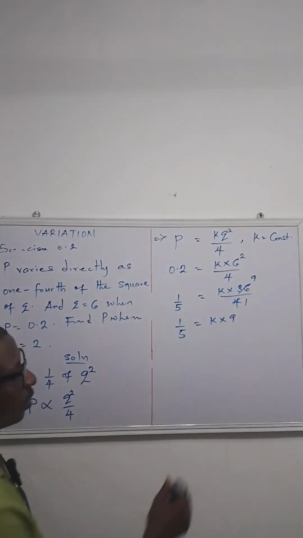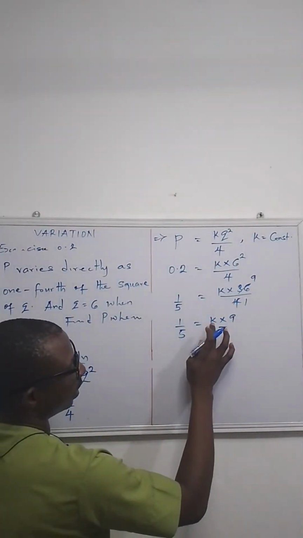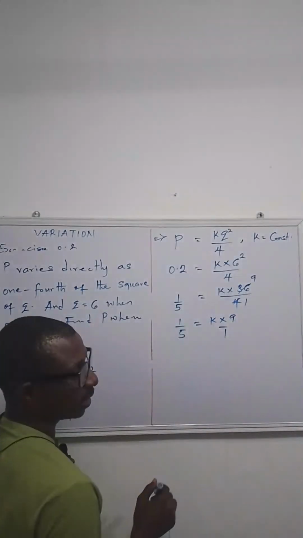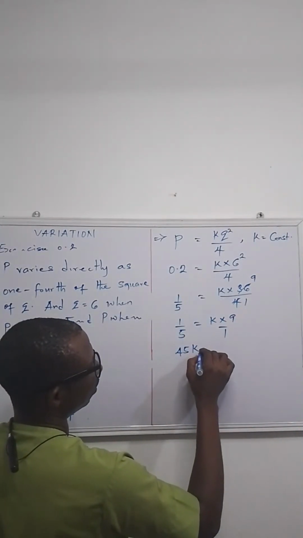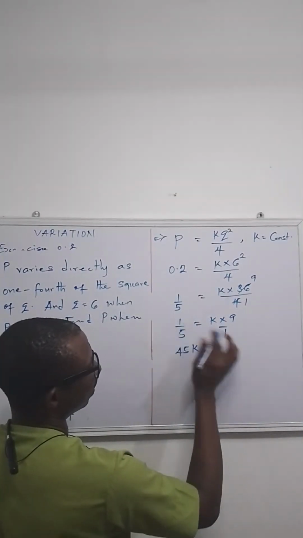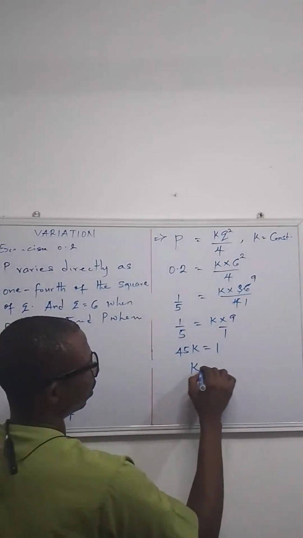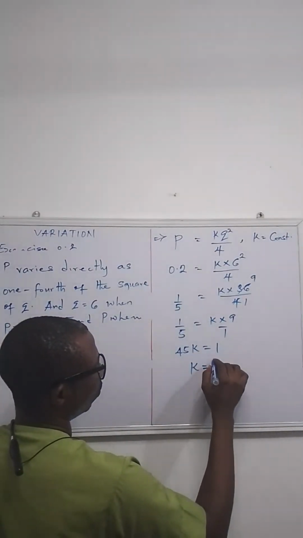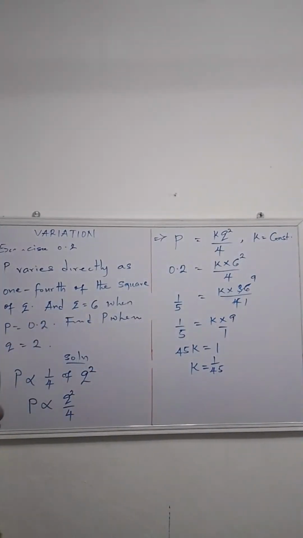Now you can cross multiply. So we have 5 times K times 9, that gives you 45K equals 1 times 1. So K equals 1 over 45. This is the proportionality constant.